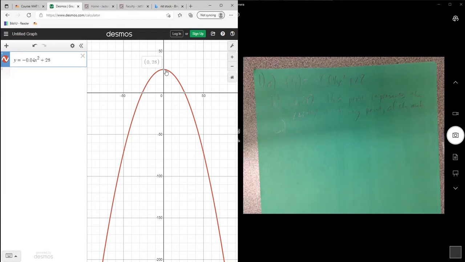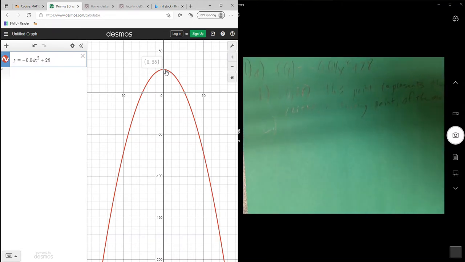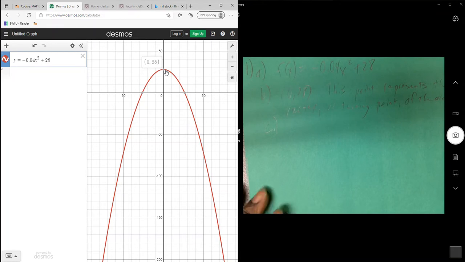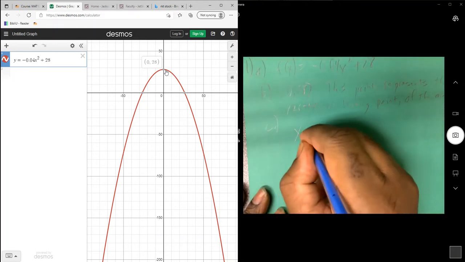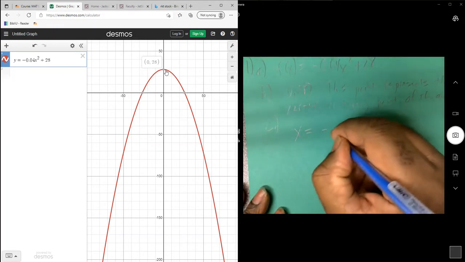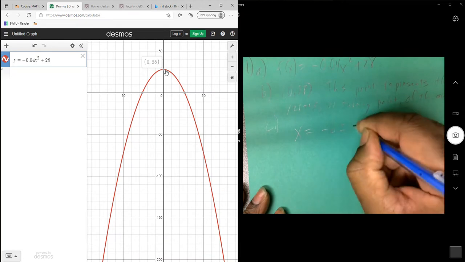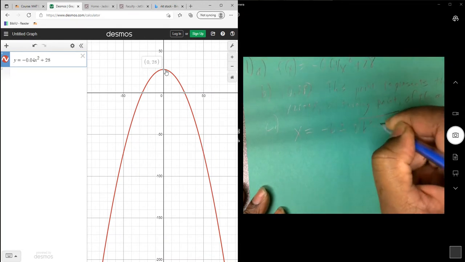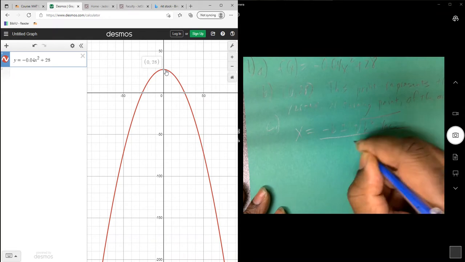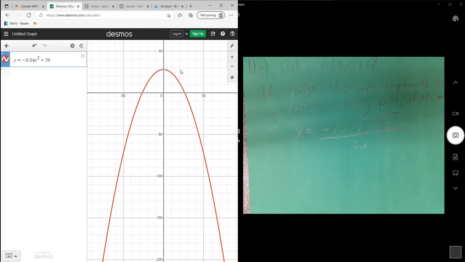Okay, now we go on to C. It says estimate the x-intercepts algebraically using the quadratic formula. Now, the quadratic formula is x equals negative b plus or minus the square root of b squared minus 4ac, all over 2a.